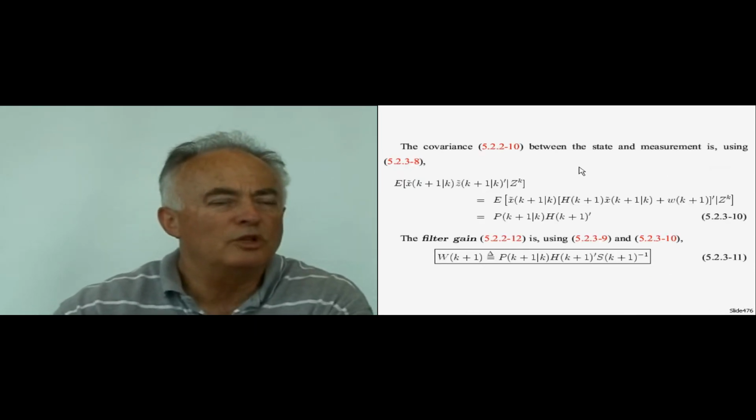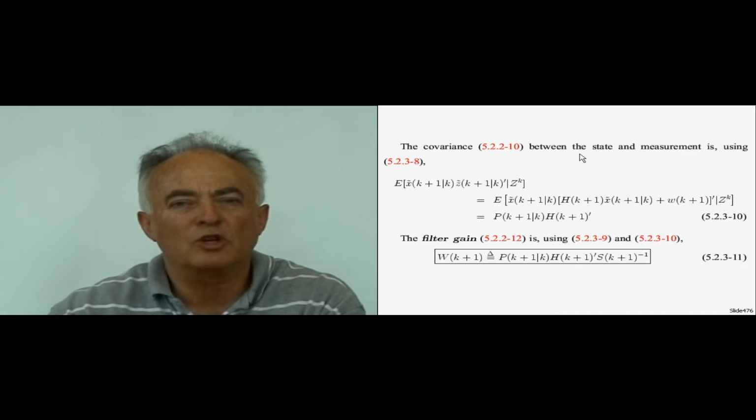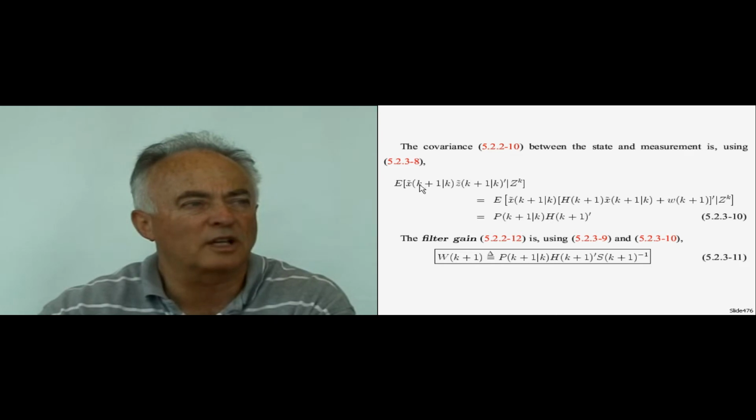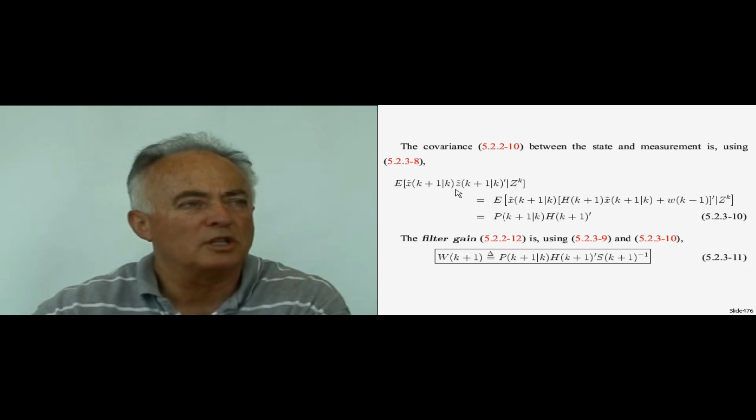Another term we will need for the calculation of the filter gain was what used to be the static pxz, now in the dynamic case is the expected value of x tilde k plus 1|k, z tilde k plus 1|k transpose given z super k. Here is the x tilde k plus 1|k.